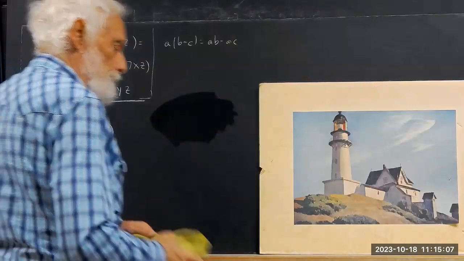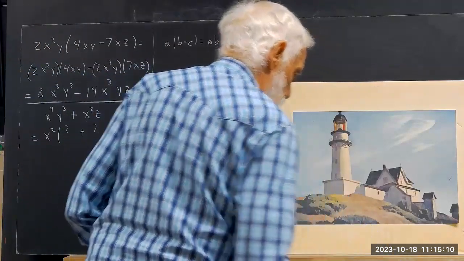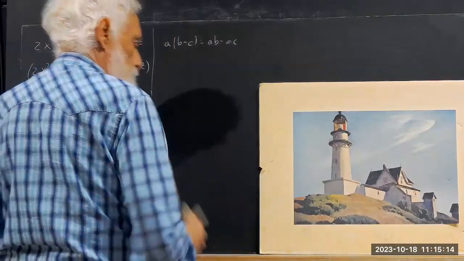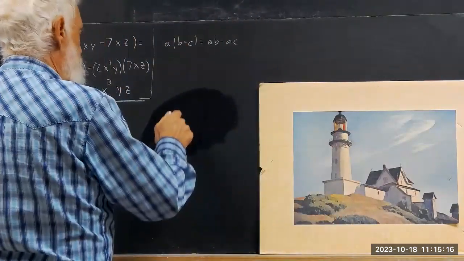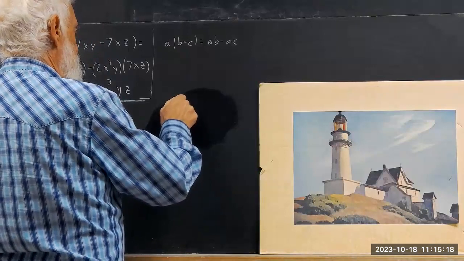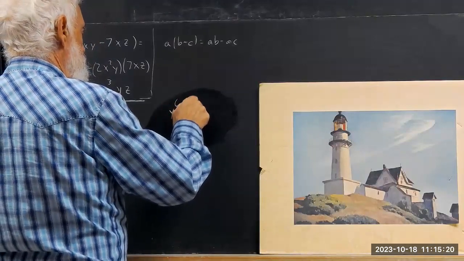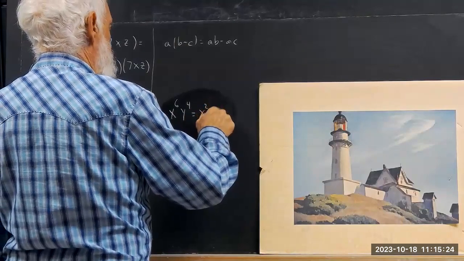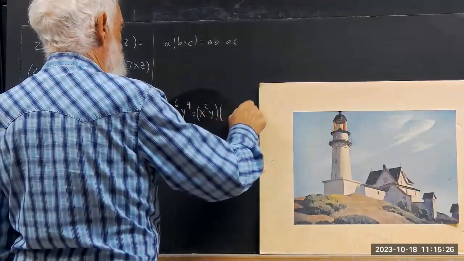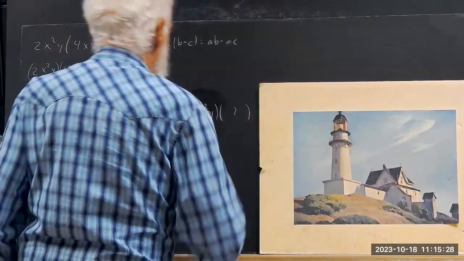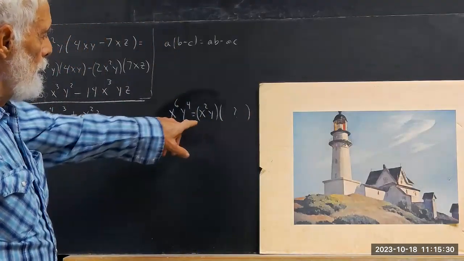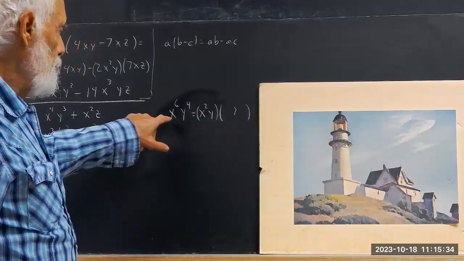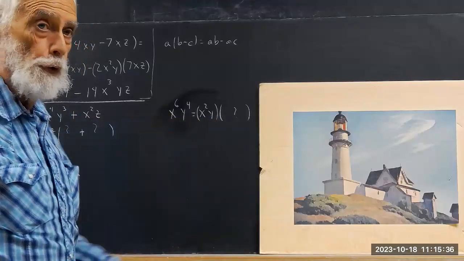We use a higher power. What would I multiply x squared y by in order to get x to the sixth, y to the fourth?